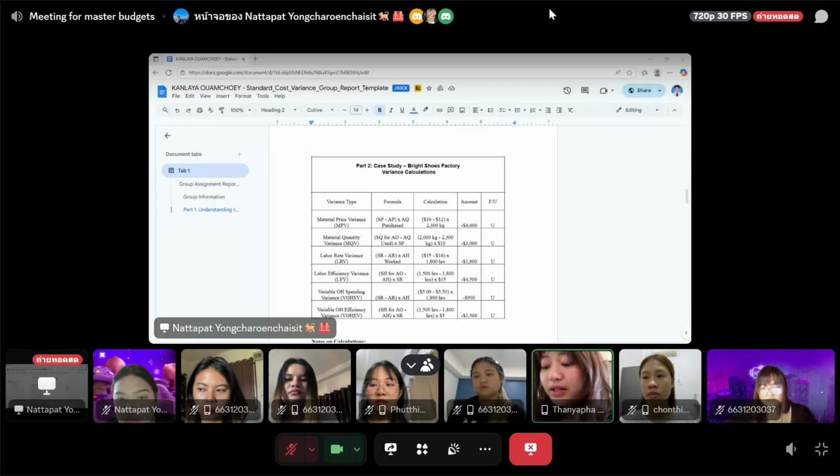The second is the material quantity variance. This measures how efficiently we use the materials. The standard allows for 2 kilograms per pair.